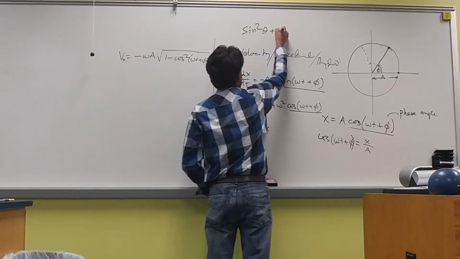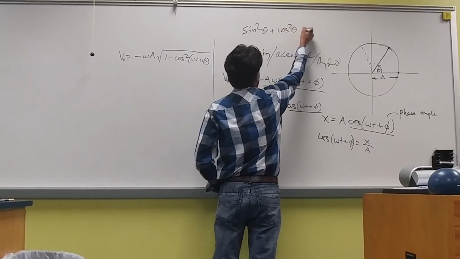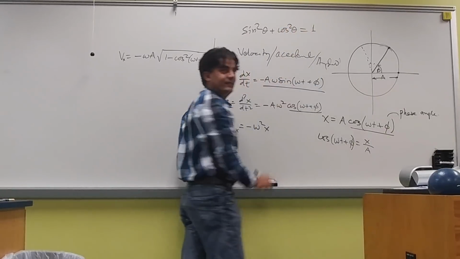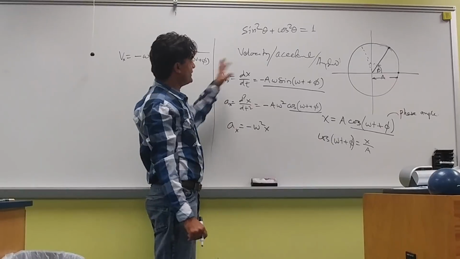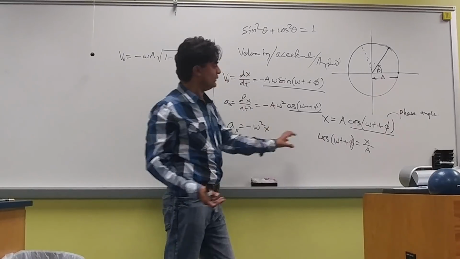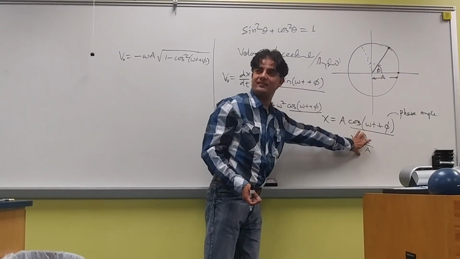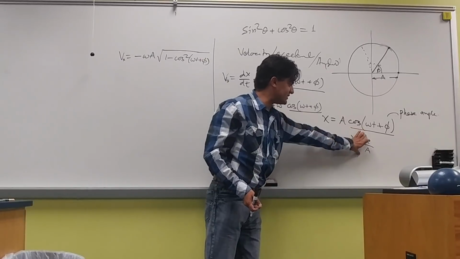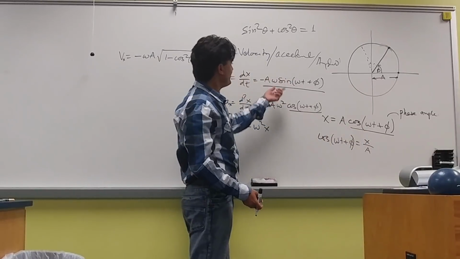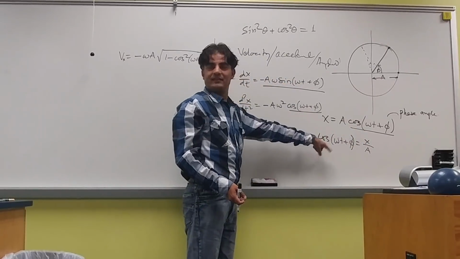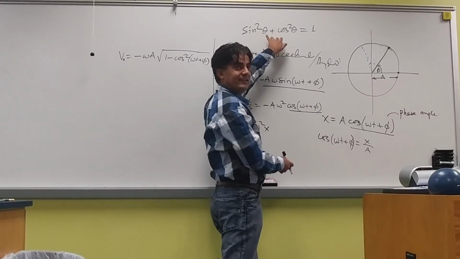Sine square theta plus cosine square theta equals 1. So I'm trying to convert, because I know cosine of this is this much. So how do I convert this sine into cosine? Just use this, right?